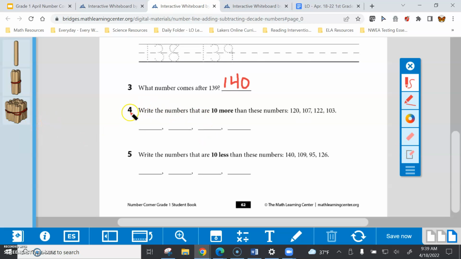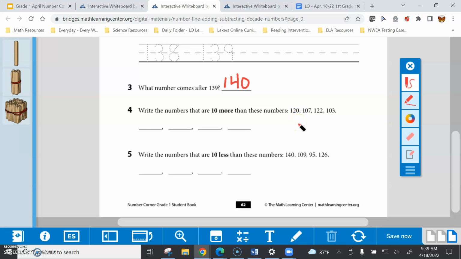Now, big job on the bottom. Write the numbers that are 10 more than these numbers. Remember yesterday we practiced a game where we were doing this, where we had 120. Then you have to say, what is 10 more?